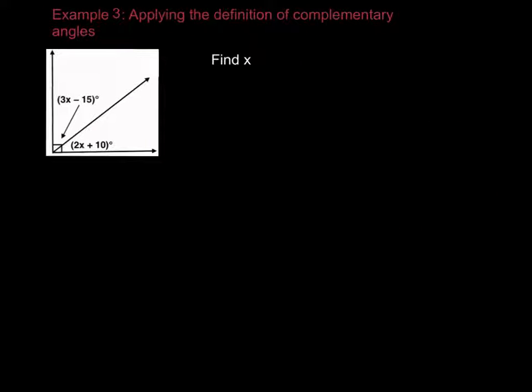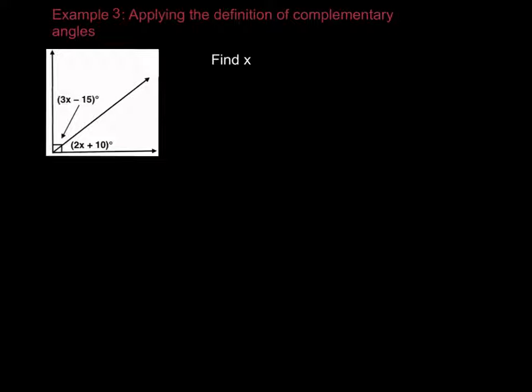Example 3 is a lot like example 2, except now we have some algebra. Again, we know that the two angles in this picture are complementary, and we know that because we can observe the symbol for a right angle here, that little square. That tells us that this larger angle is a right angle. Therefore, this ray that comes out creating two different angles is just separating two smaller angles that are complementary.